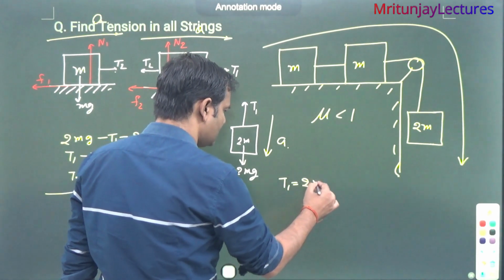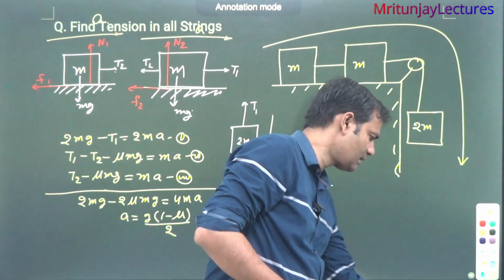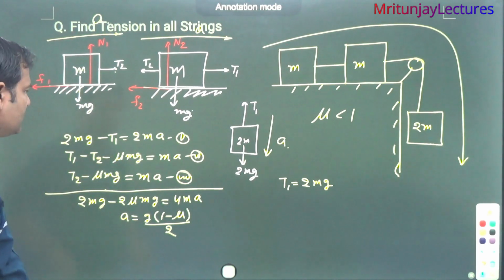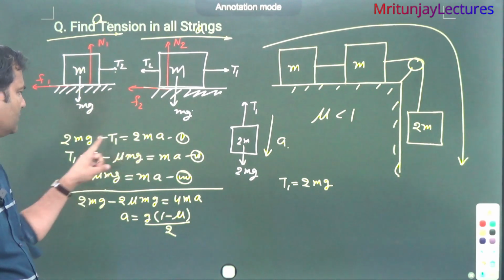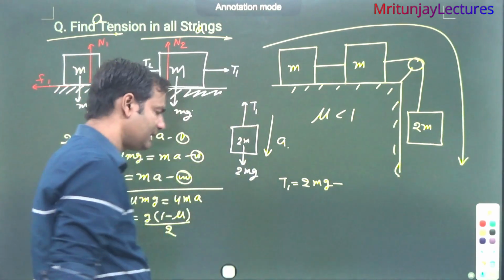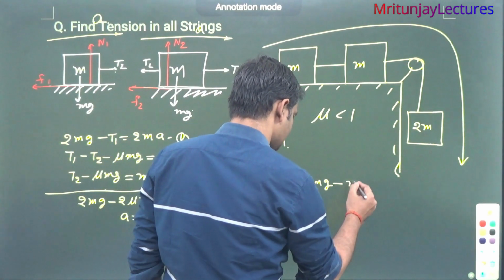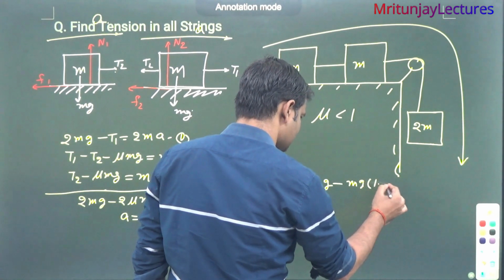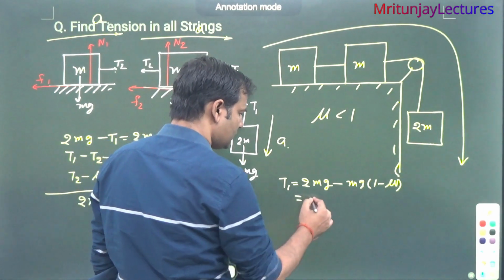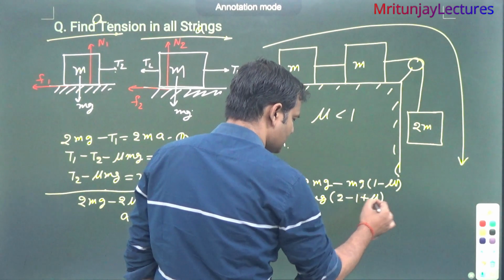T1 is equal to 2mg minus 2ma. 2ma is written as m into g (1 minus mu). Now mg is common, so 2 minus 1 plus mu.